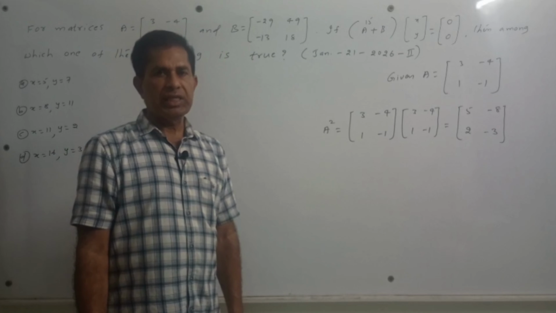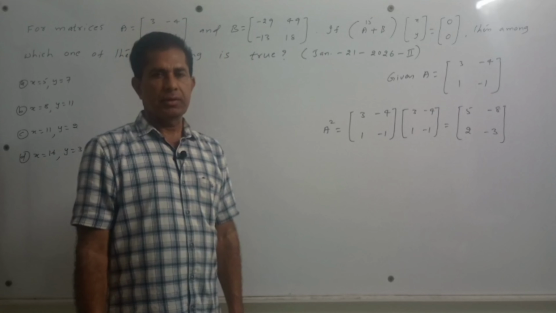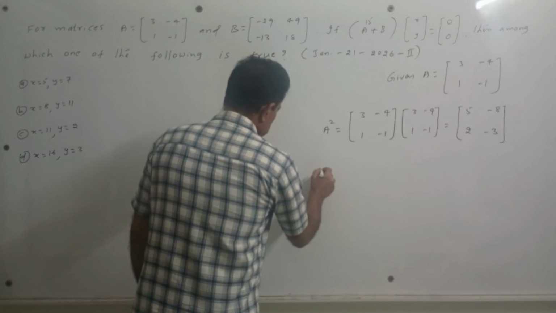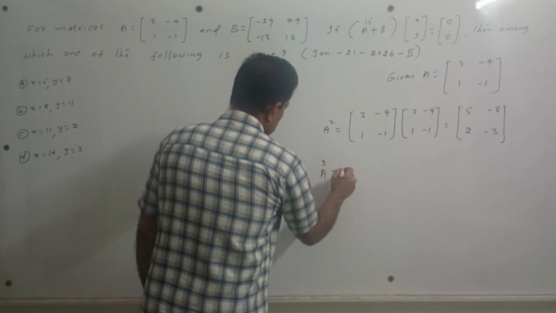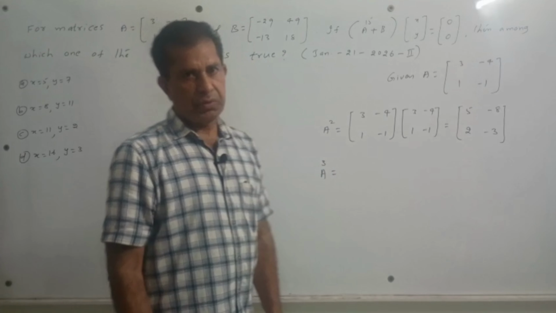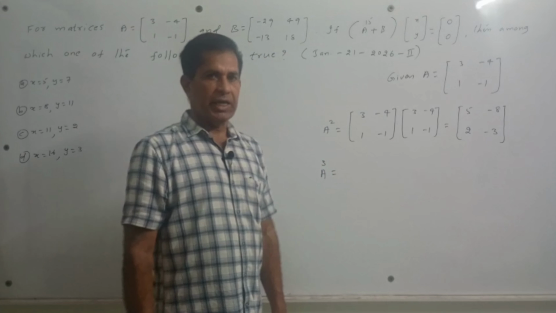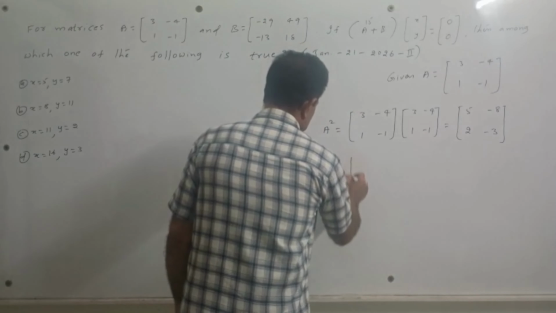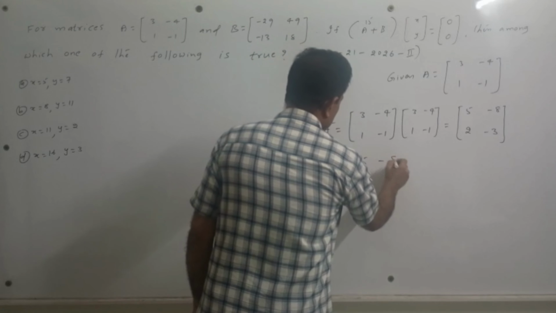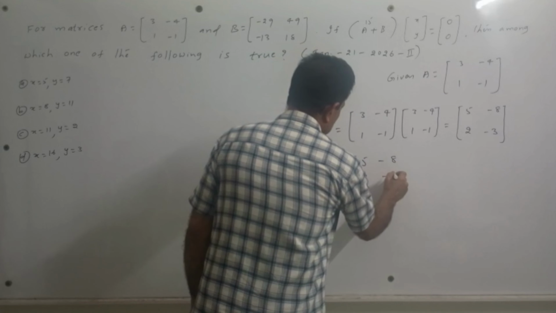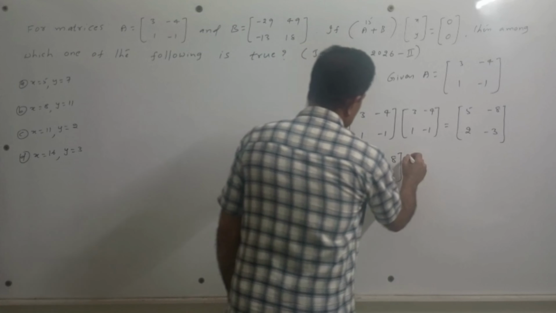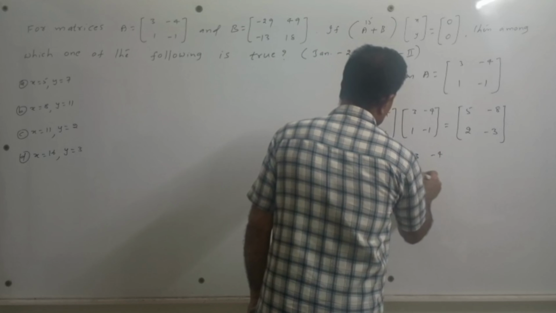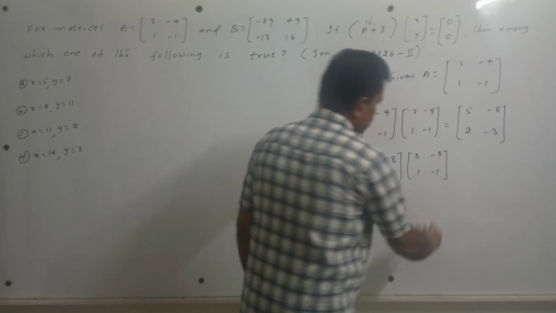To identify the sequence among the elements, let us calculate A cube also. So A cube is equal to, we know, A square into A. For A square I am writing this matrix, [5, -8; 2, -3] multiplied with A. For A I am writing [3, -4; 1, -1].